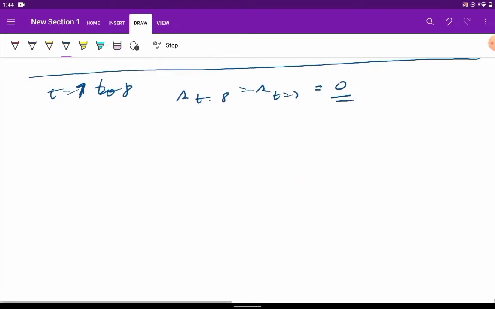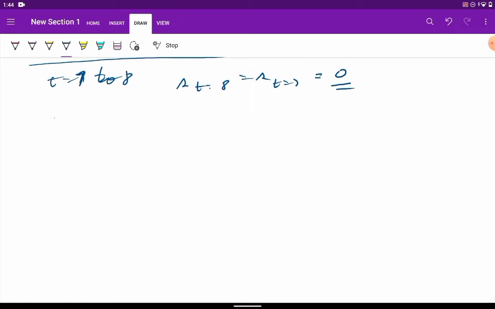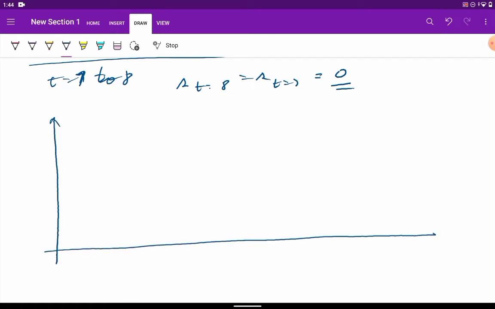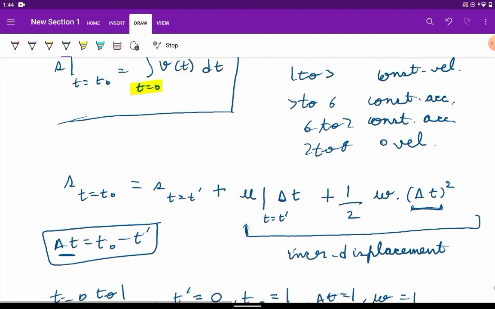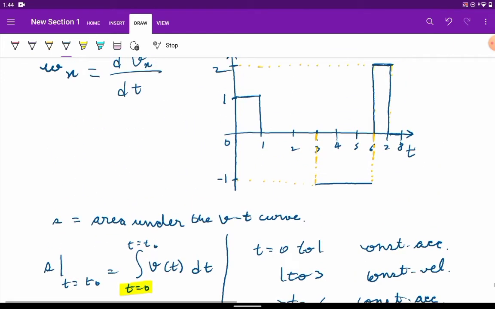Okay, now if we plot s versus t, right? So let's try it carefully. We need to remember one thing, that the slope is equal to the velocity. The slope of the st curve at any point t is the velocity at that particular time point.